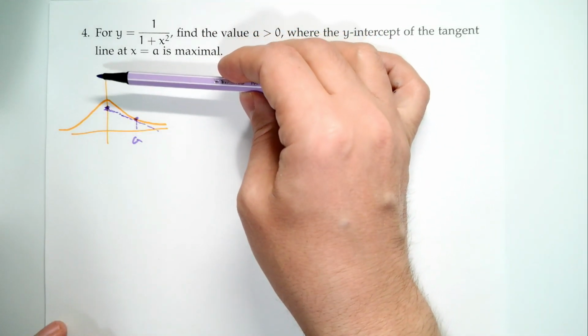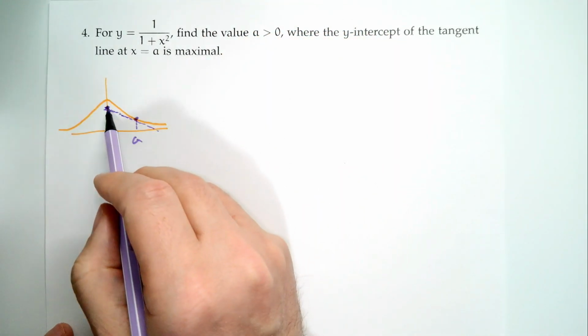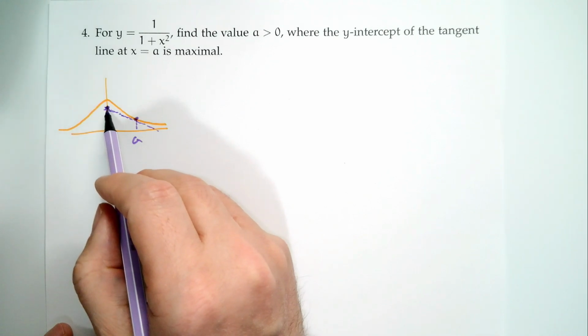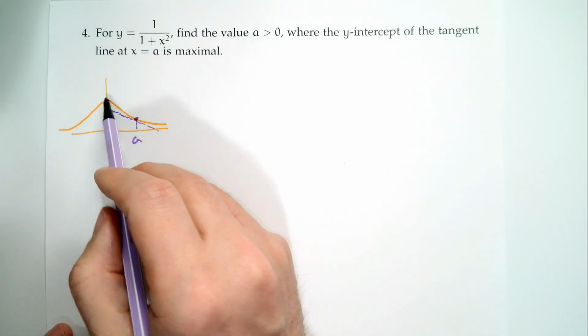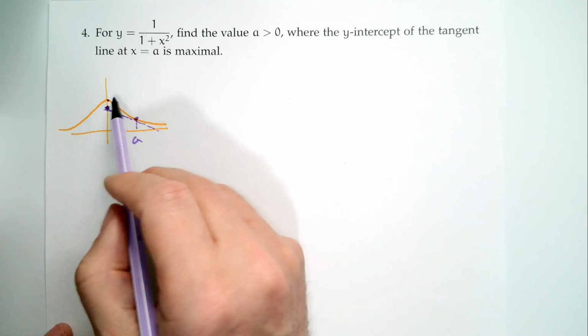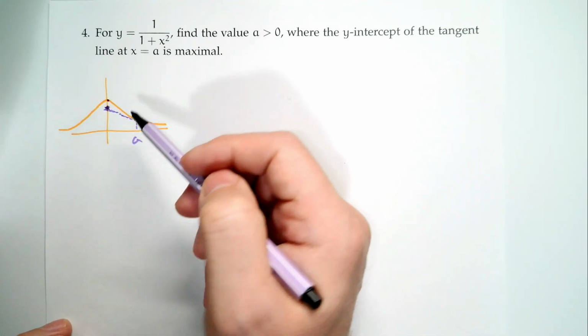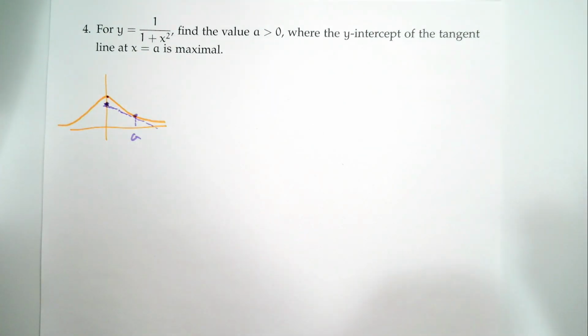We want it to be big. We can see this as a really bad choice. And you might say, how do we know it's a really bad choice? If I take the tangent line there, I'm going to be hitting it higher. So yeah, there's good choices and there's better choices. So what's the best?